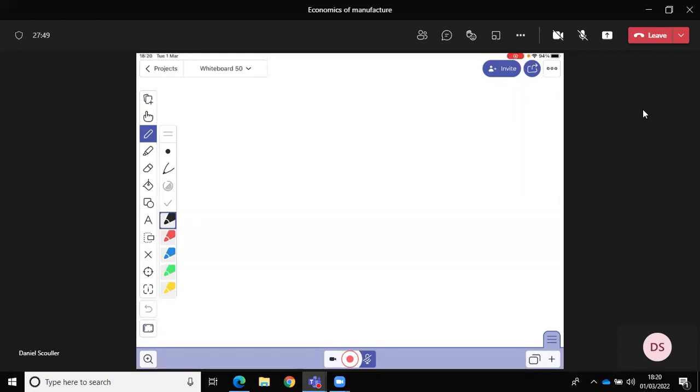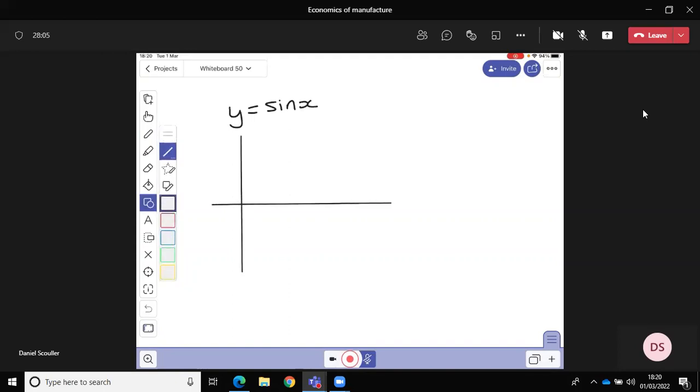So the graphs that we've looked at so far, y is equal to sine x. You won't obviously get this, but this is always going to be your starting point. You always need to label up the axes. The x-axis is your horizontal, your y-axis is your vertical.